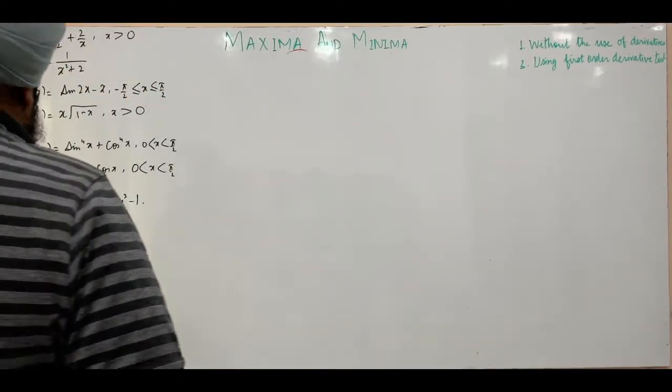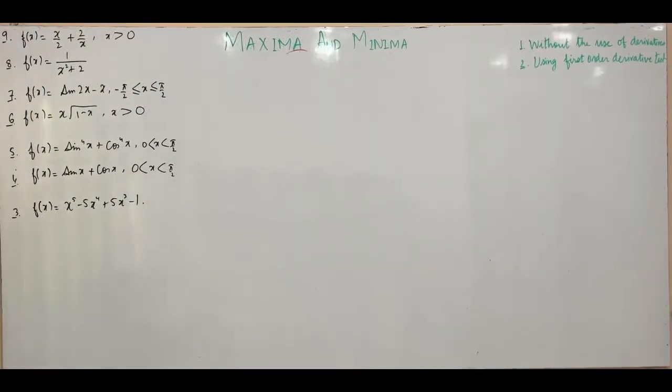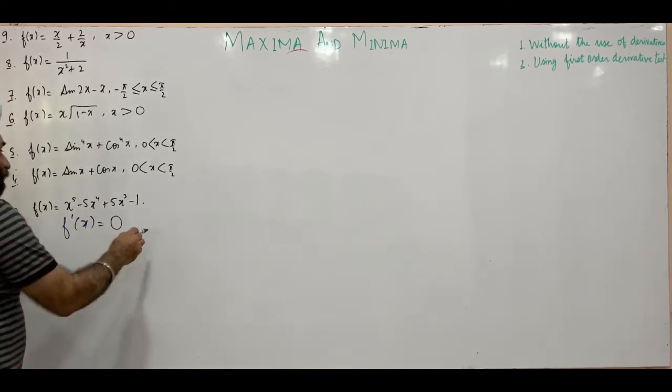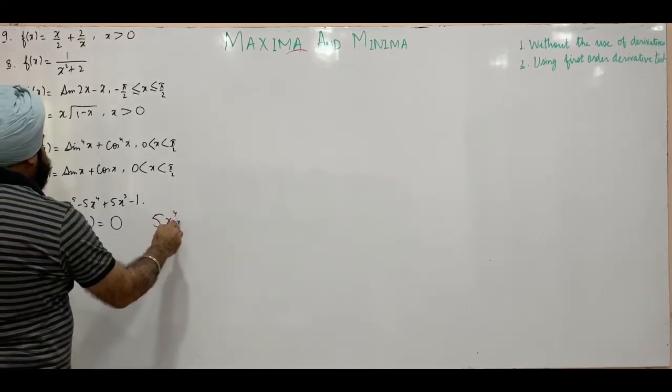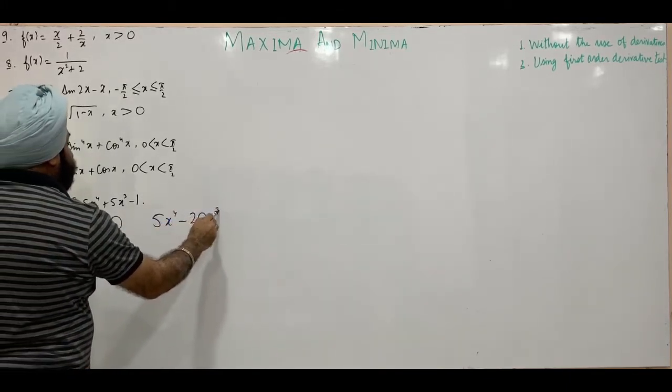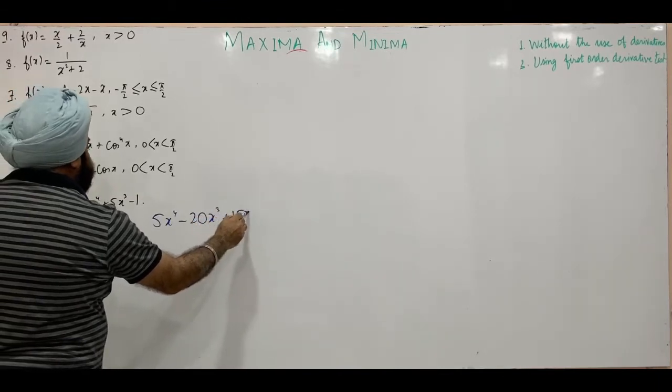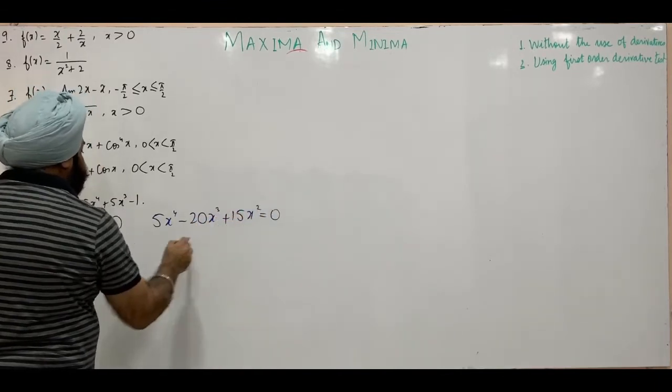In the next question, we are given f of x is a polynomial function, x raised to 5 minus 5x raised to 4 plus 5x cube minus 1. So for critical points, we solve this equation, f dash of x is equal to 0. This is 5x raised to 4 minus 20x cube plus 15x square, this is 0.